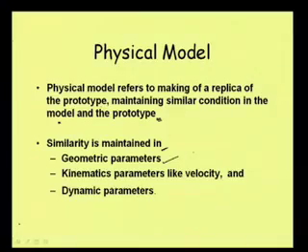So this is basically called geometric similarity, that is, similarity of geometric parameters. Then comes kinematic similarity, which is similarity of kinematic parameters like velocity, acceleration and discharge. If in the actual field we have some discharge or velocity, then the model will have to apply a proportional discharge.